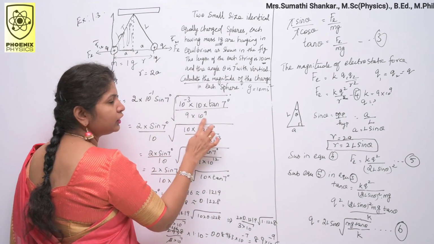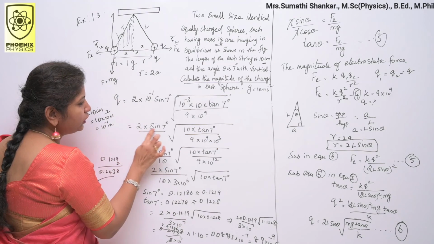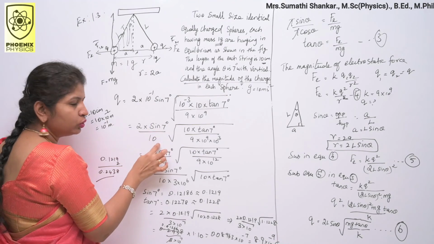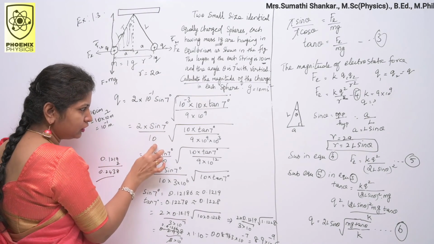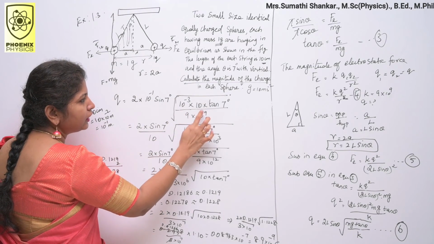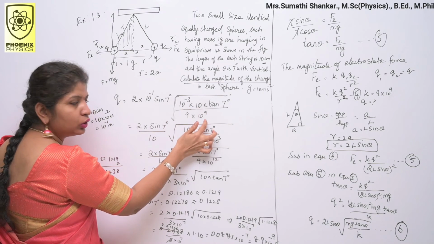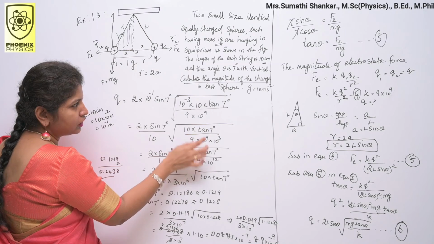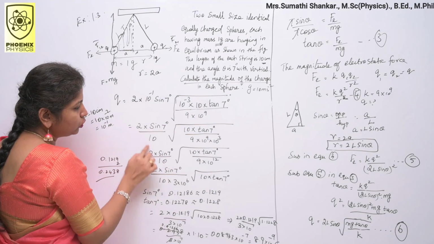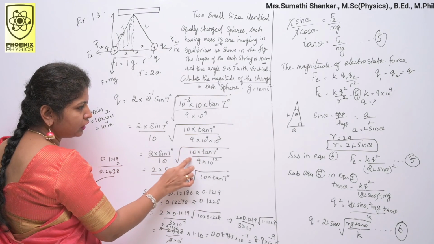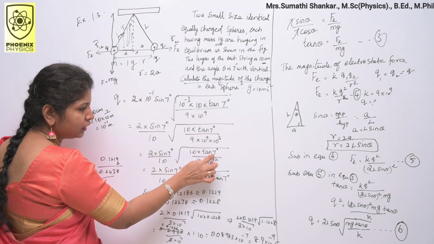K value is 9 into 10 to the power of 9. 2 into sine 7 degree, bring this 10 power minus 1 to the denominator, that is 10, square root of, here bring this 10 to the power of minus 3 to the denominator like this. Remaining term is same. 2 into sine 7 degree divided by 10, square root of 10 into tan 7 degree.